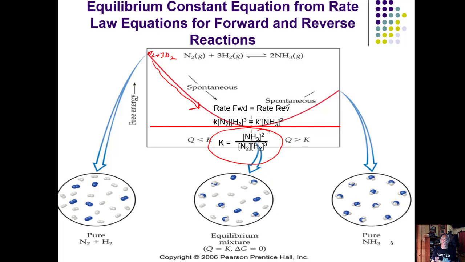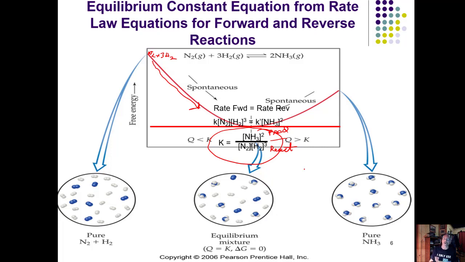And just setting the rate laws for the forward and the reverse direction equal to each other, we can derive the equilibrium constant expression. You need to remember it. Products over reactants. That's the way that works.